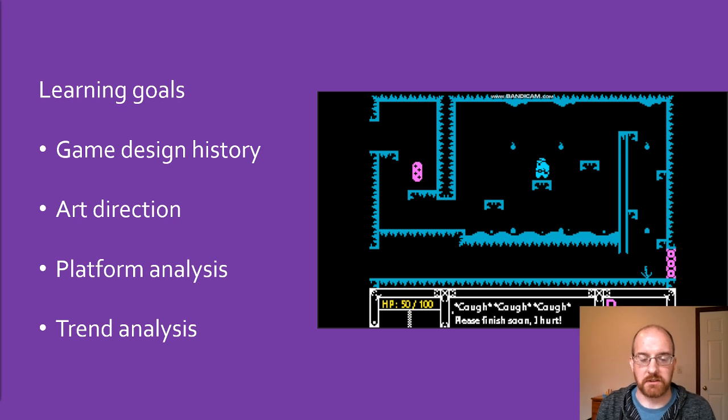So platform analysis, you're learning how to look at something and say, okay, here's the limitations of what I'm working in, right? So you're looking at the ZX Spectrum and you're saying, all right, this is what it could do, and this is how my game should feel because of that. And then you're also looking at, again, this goes into design history, but trend analysis. You're looking at a marketplace and you're saying, okay, what kind of games were popular on the thing I chose, on the Commodore 64, on the Neo Geo Pocket Color?